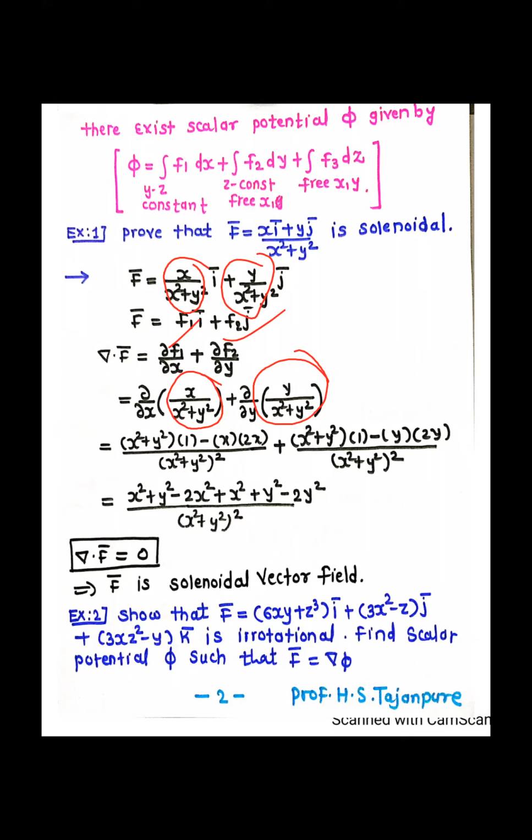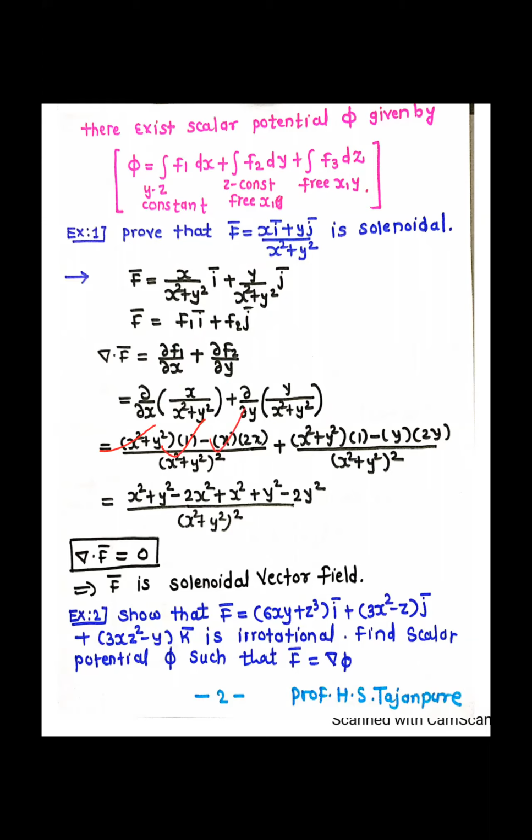Now let us differentiate with respect to x. You can see x is there in the numerator and in the denominator, so we have to apply the u upon v rule, the quotient rule for differentiation. See, denominator x square plus y square as it is, numerator its derivative is 1.